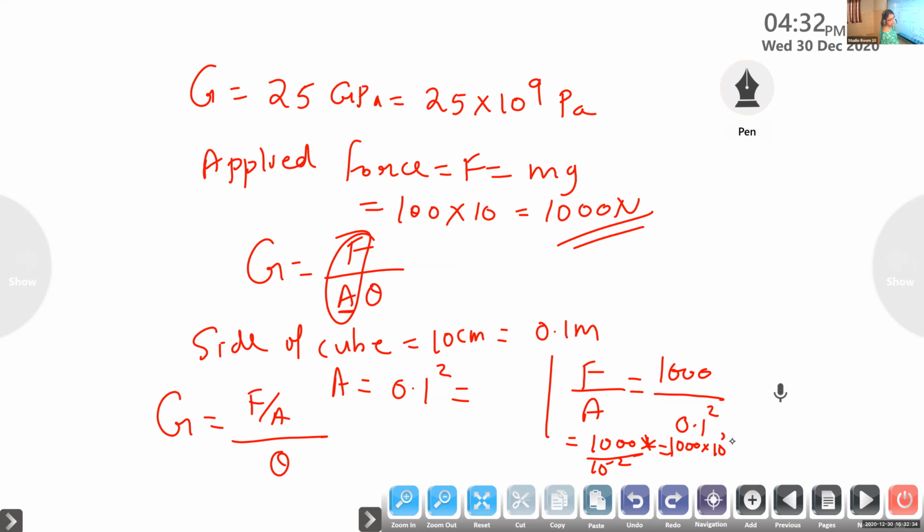Then minus becomes positive. So the stress we got is 10 to the power of 5. Now it is easy for us: 25 into 10 to the power of 9 is equal to 10 to the power of 5 by theta.